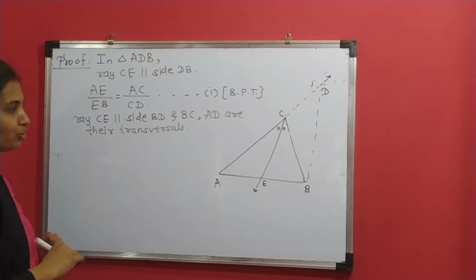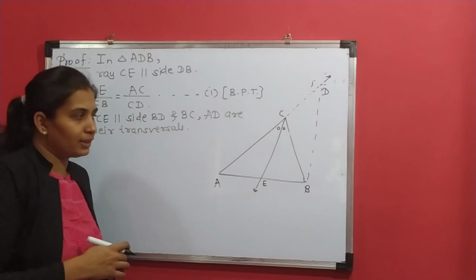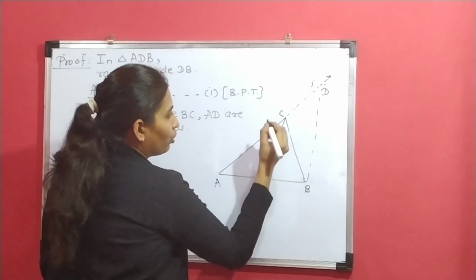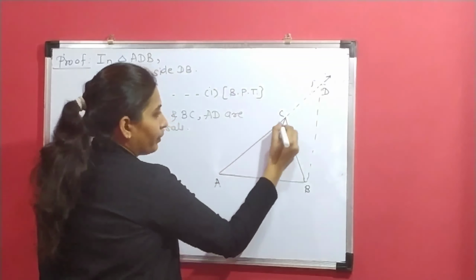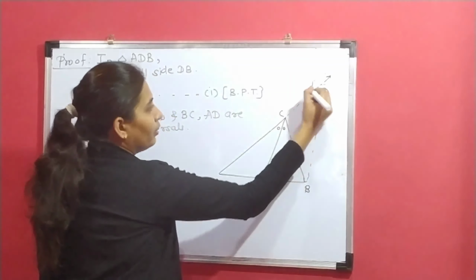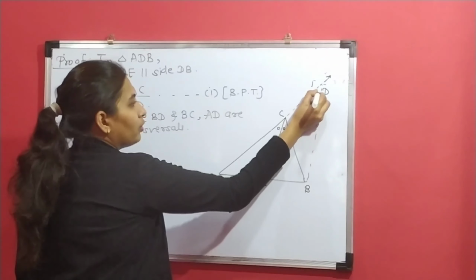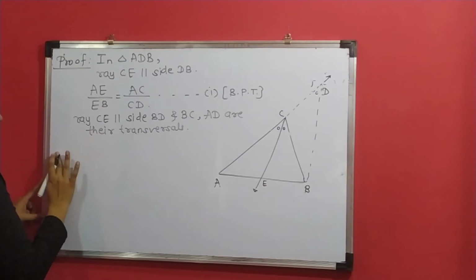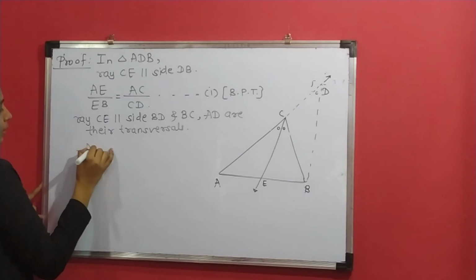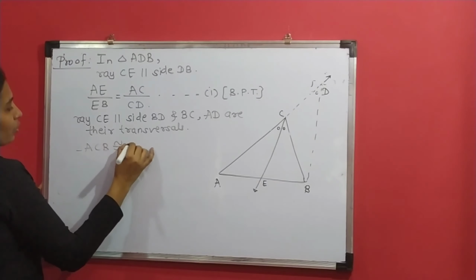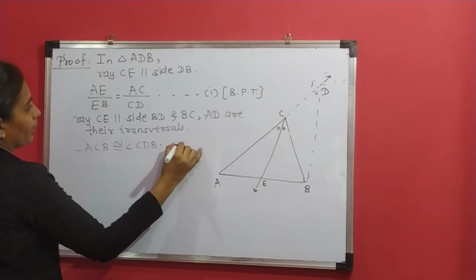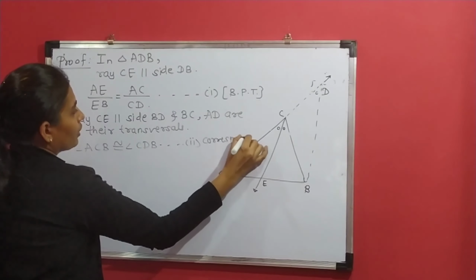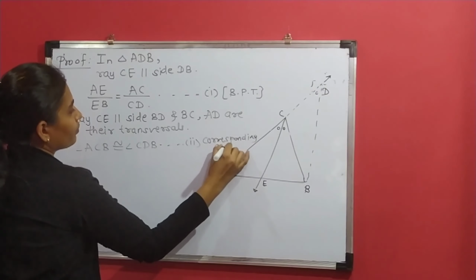Okay. Now students, if there are transversals, then angle ACE will be congruent to angle CDB, because they are corresponding angles. Angle ACB congruent to angle CDB. Number second, reason corresponding angles.